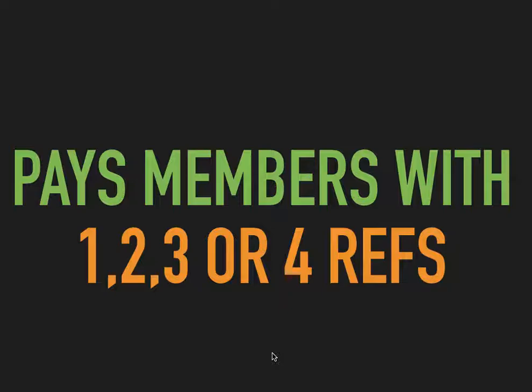But of course, we'll do that with the system. Just to give an example here, you can be in 10 matrices, paid in 10 matrices, and your current referrals just need to be active in one matrix. It doesn't really matter. They don't have to be active in all the matrices that you are in.